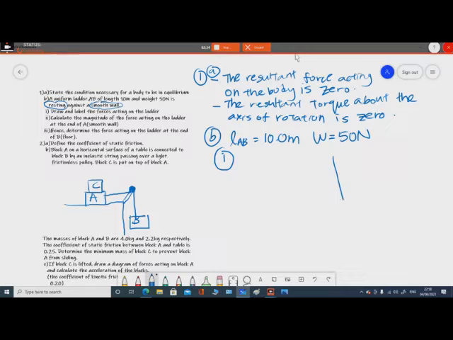Okay, let's say I have my wall here and I have my floor, and this is my ladder. I missed some information, which is the angle between the floor and the ladder, which is actually 40 degree.